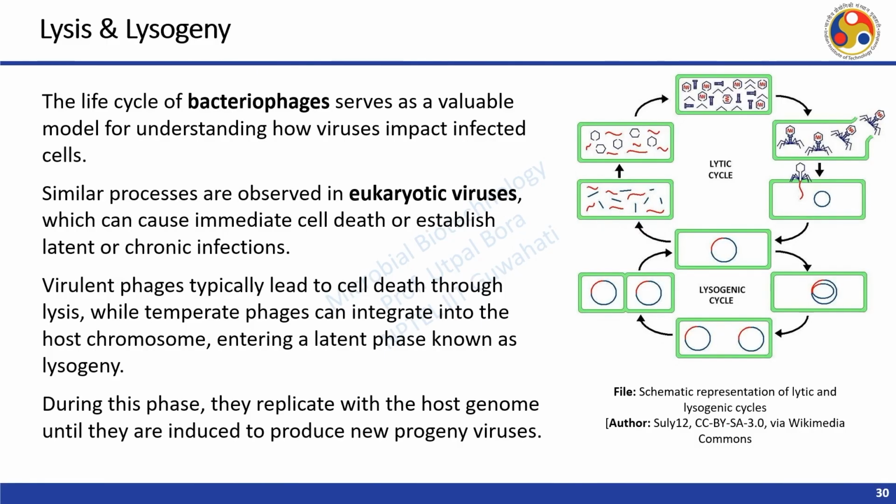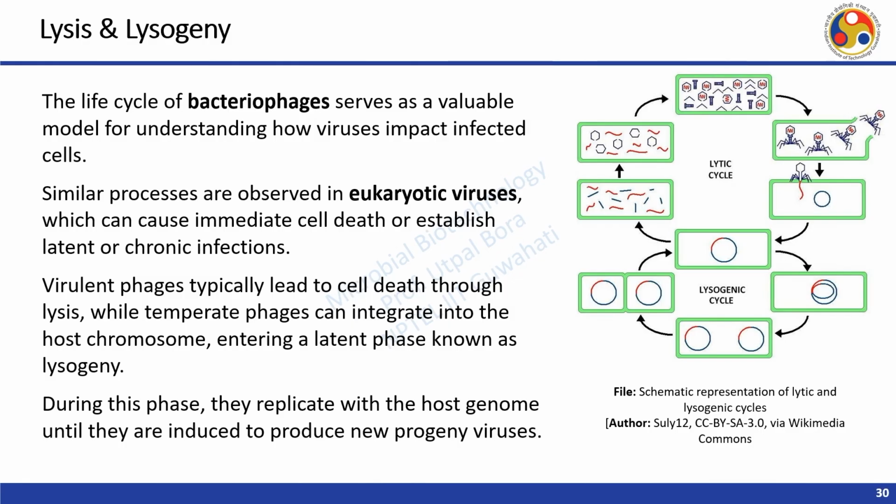Let us now discuss two important topics in the virus life cycle, which are lysis and lysogeny. The life cycle of bacteriophages serves as a valuable model for understanding how viruses impact infected cells. Similar processes are observed in eukaryotic viruses, which can cause immediate cell death or establish latent or chronic infections.